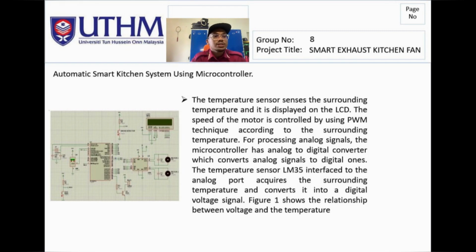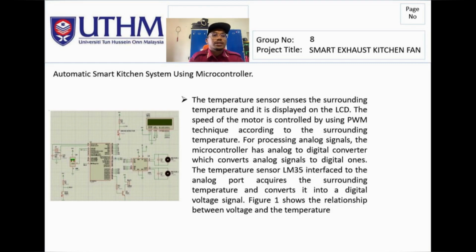The temperature sensor LM35 interfaces to the analog port, acquires the surrounding temperature and converts it into a digital voltage signal. As we can see in the picture, this is our simulation.